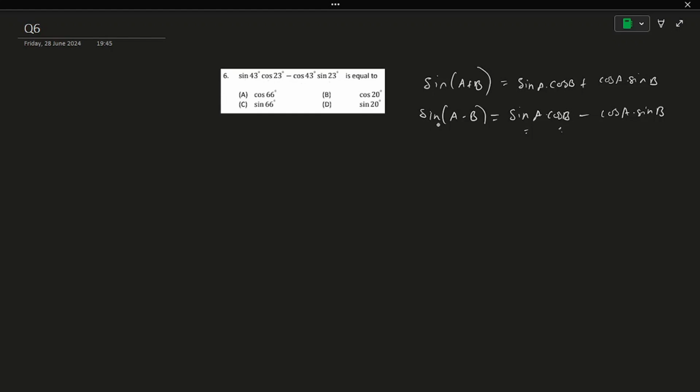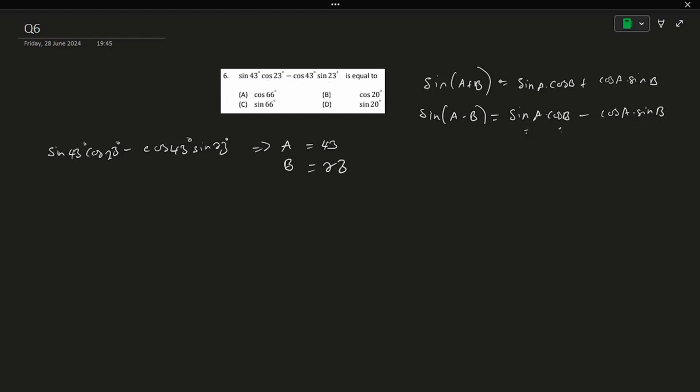So in other words, given that we have sine 43 cos 23 minus cos 43 sine 23, don't forget the degrees, we can conclude that our A is 43, and we can also conclude that our B is actually 23.